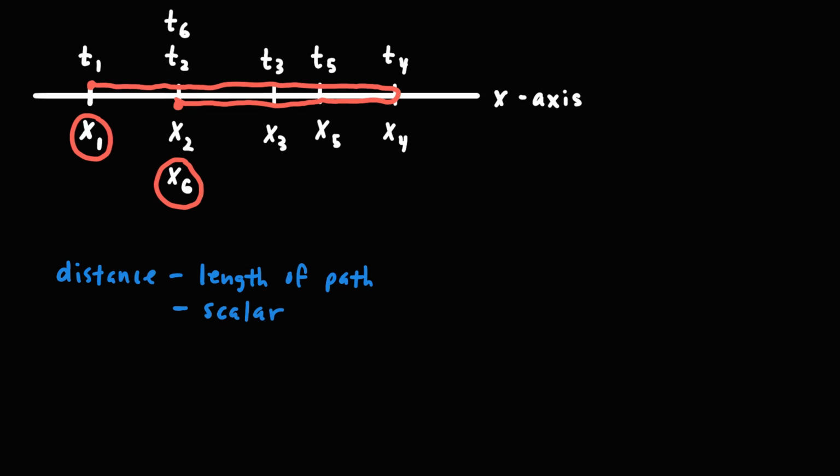A quantity that is like distance but not quite the same is something called displacement. Displacement is a very important quantity in physics, and it's not the same thing as distance. The difference is that displacement is defined as the distance from an initial position, which we'll call xi, to a final position, which we'll call xf.